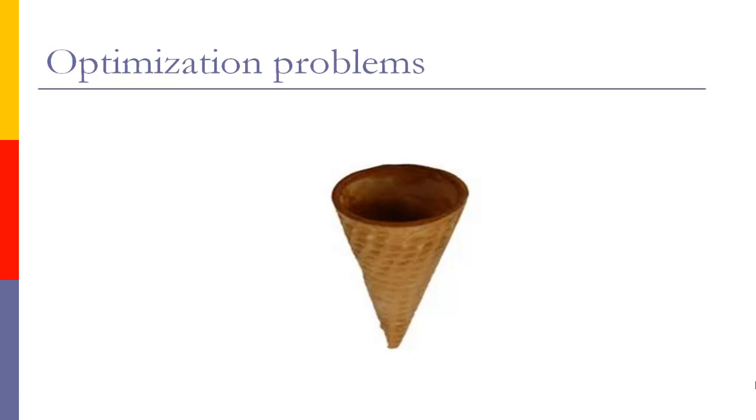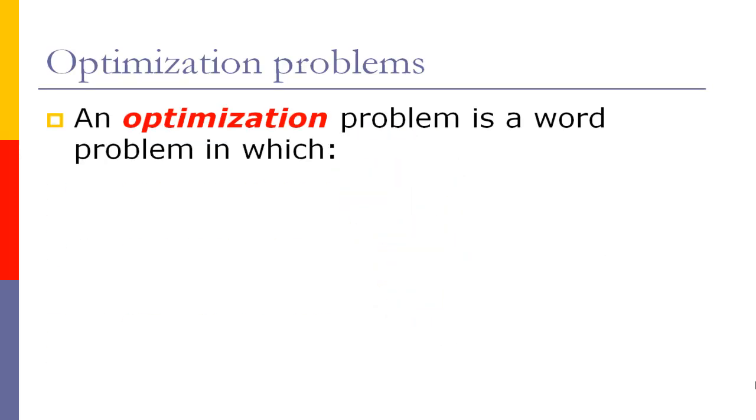as you need. So more generally, or more technically I should say, an optimization problem is a word problem, so that means you'll have to build up your equation. Remember, a word problem is not identified by the fact that there are words, but by the fact that you have to build up an equation, in this case actually a function that you will have to then use in order to identify where the maximum is.